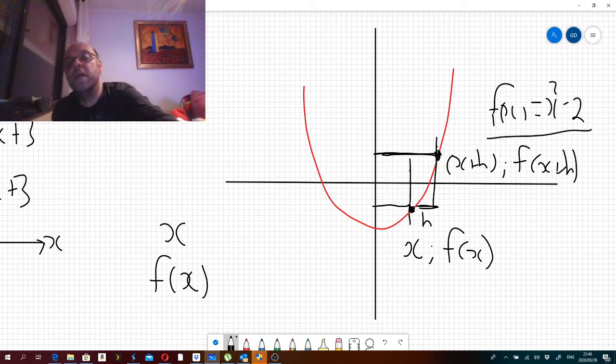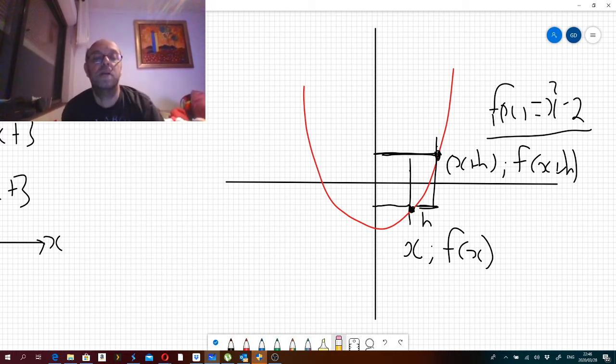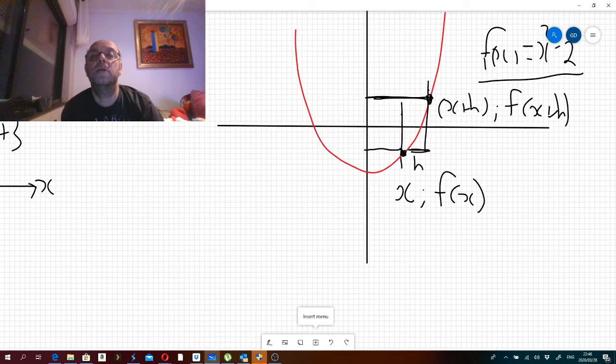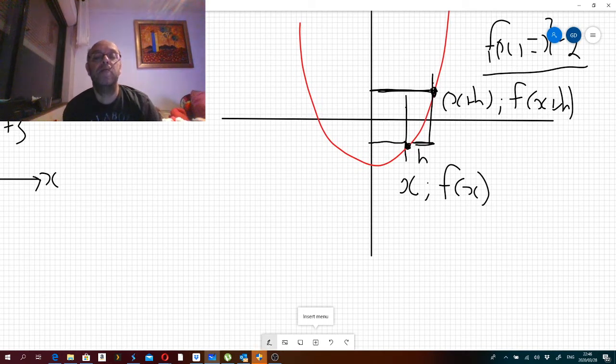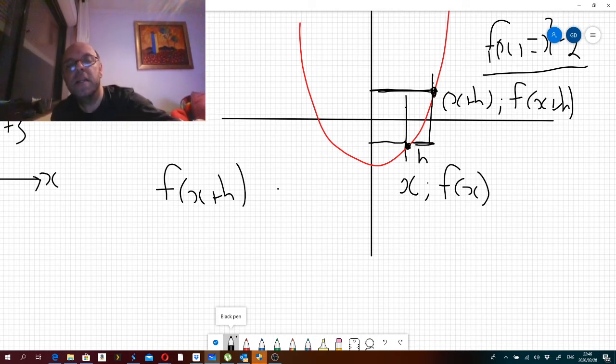Now here again, if we wanted to work out the gradient, which we could, the gradient would simply be as follows, and I'm going to erase a few things here and move this down a little bit. So if we had a function and we found its gradient, the gradient would be the function of x plus h value, that's our y basically, subtract the function of x.